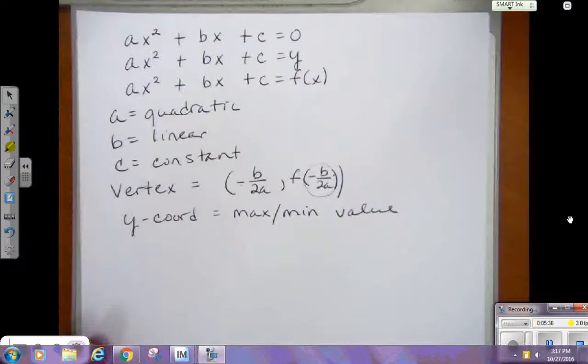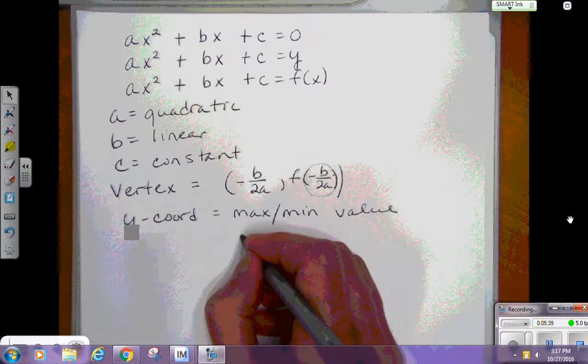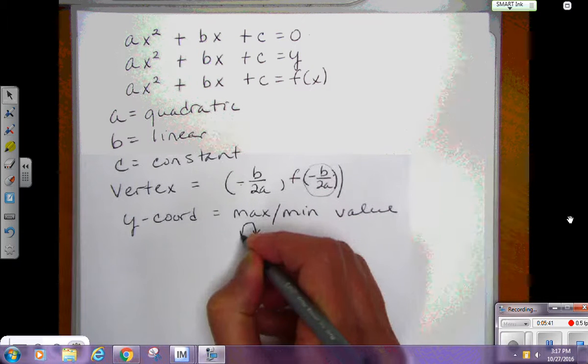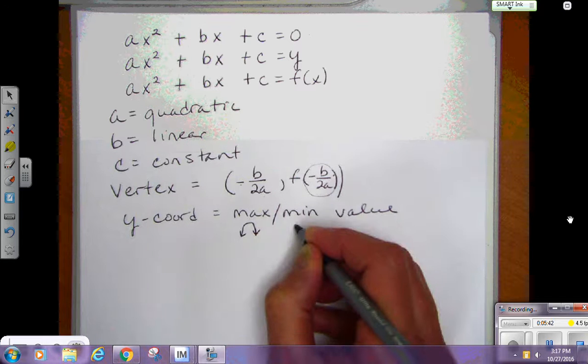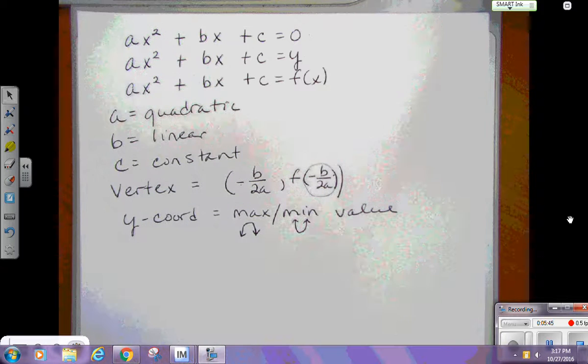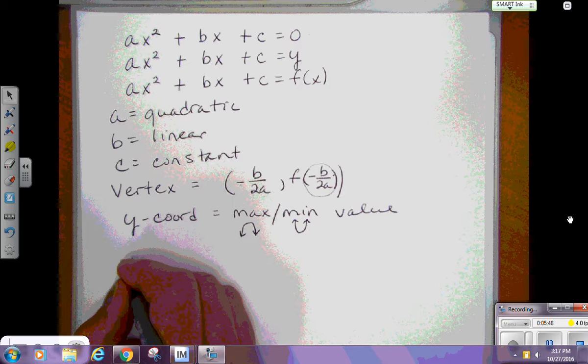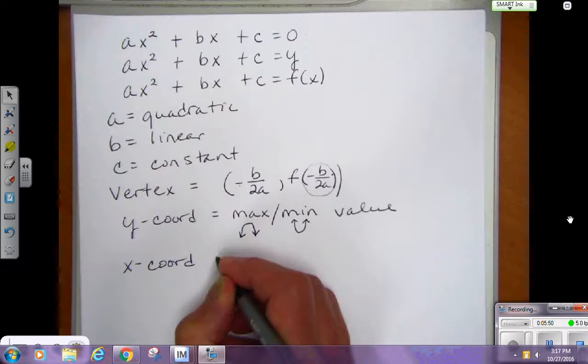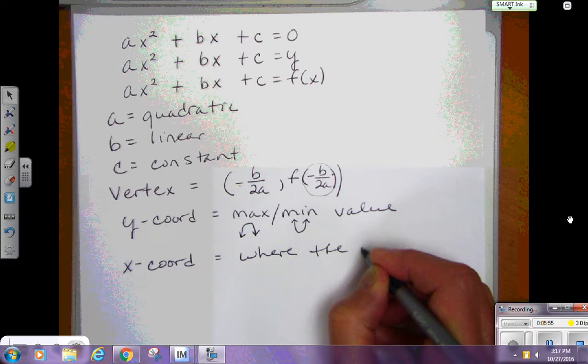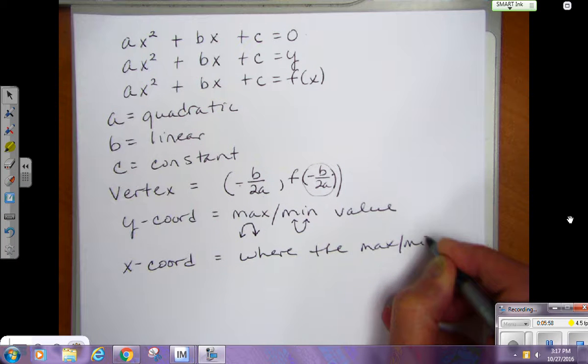It's going to be a max value if it opens down and a min value if it opens up. The x-coordinate of your vertex tells you where the max or min occurs.